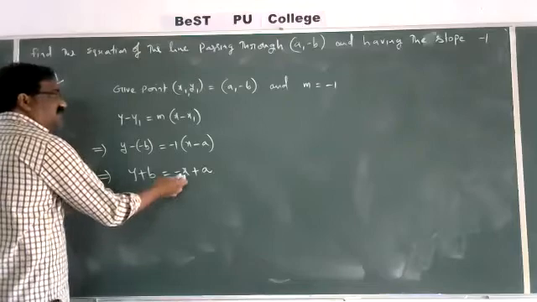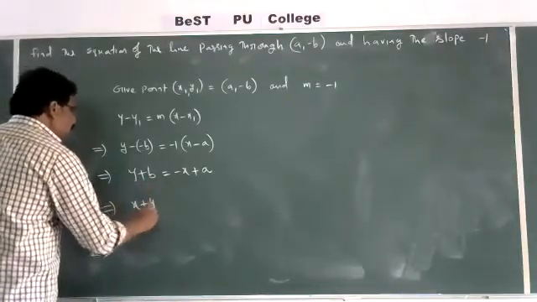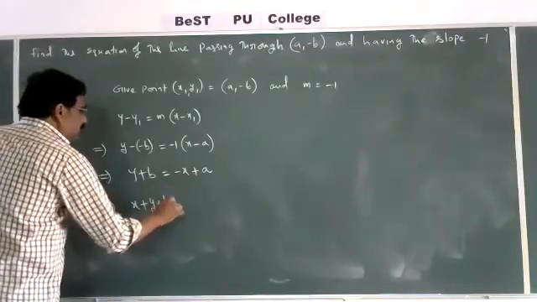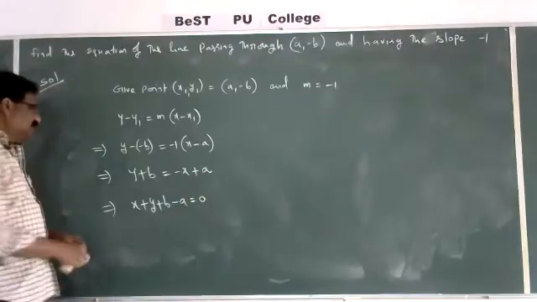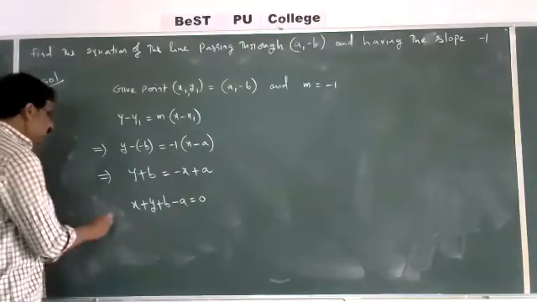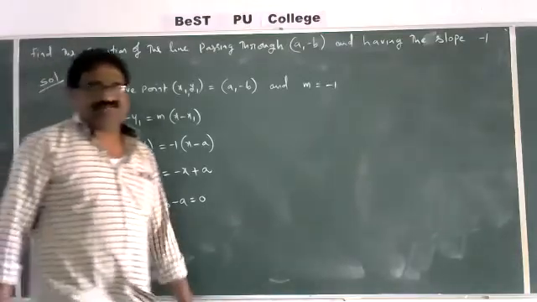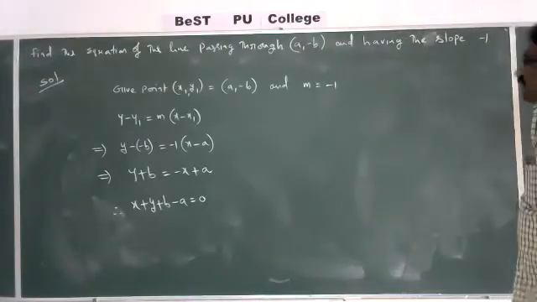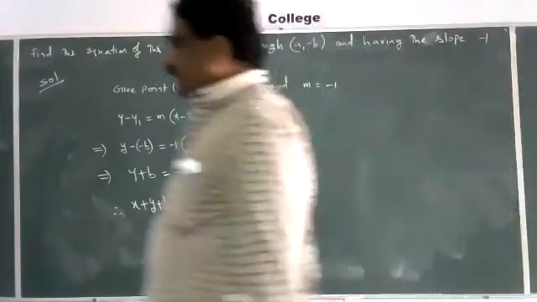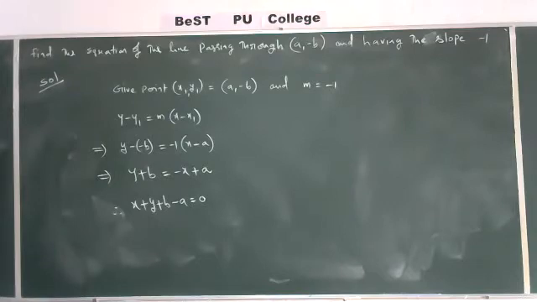Here minus x becomes plus x, y is already there, plus y, plus b minus a is equal to 0. That is x plus y plus b minus a is equal to 0. This is the required equation of the line. The equation of the line passing through (a, -b) and having the slope -1 is x plus y plus b minus a is equal to 0.